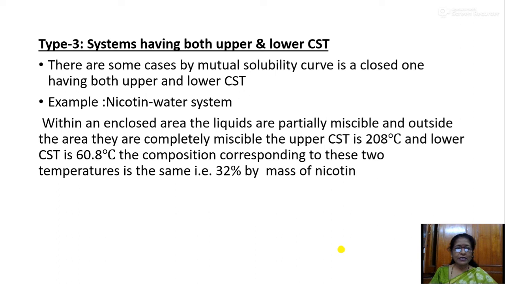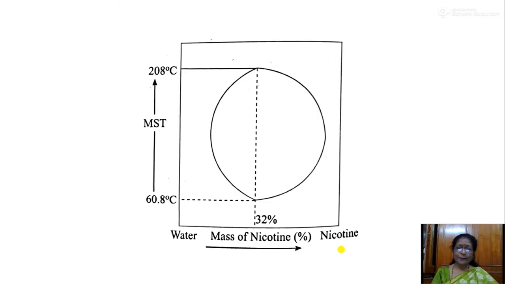In the nicotine water system, within an enclosed area the liquids are partially miscible, and outside the area they are completely miscible, that is, UCST at 208 degrees centigrade and lower CST at 60.8 degrees centigrade. The composition corresponding to these two temperatures is the same, that is, 32% by mass of nicotine.